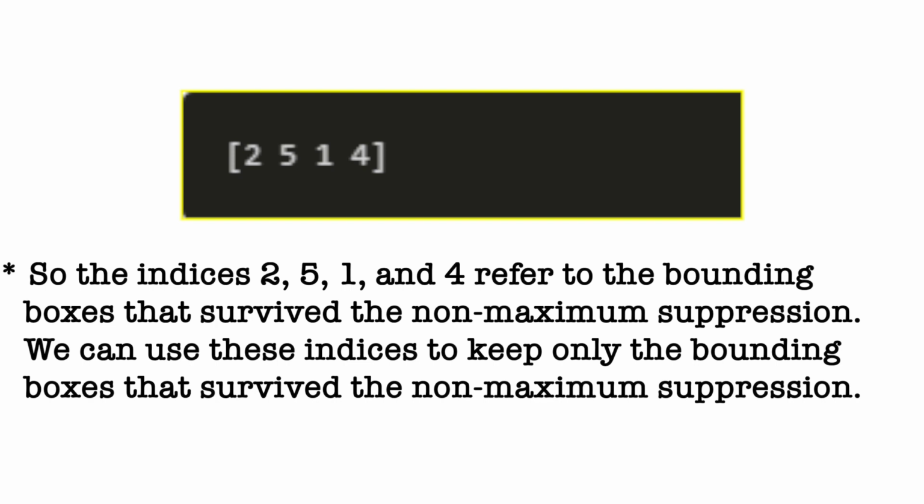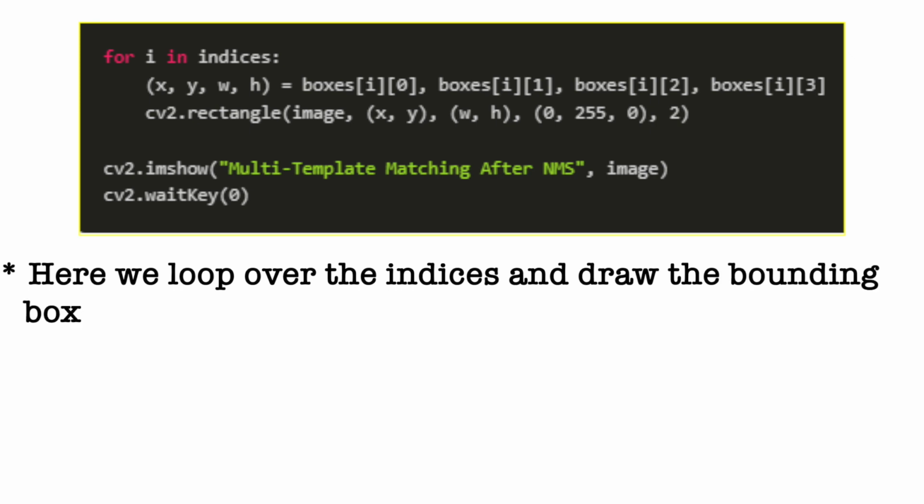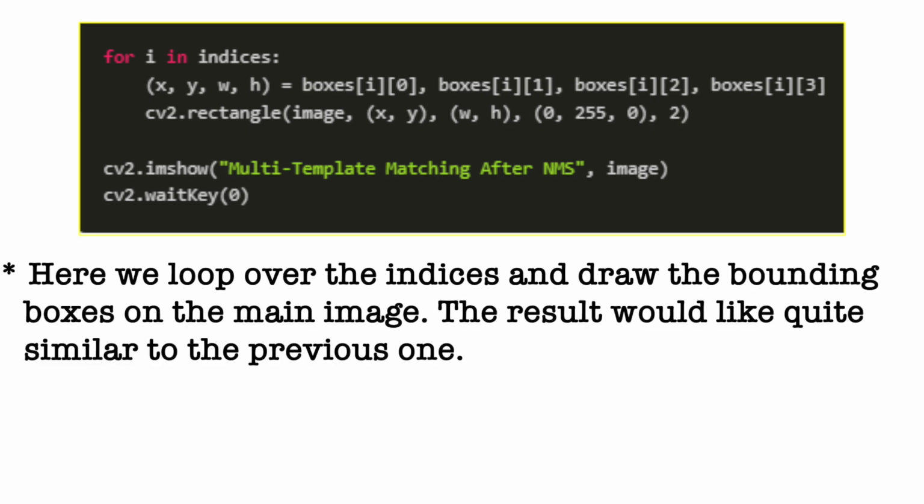So these are the bounding boxes that survived the non-maximum suppression, and we can use these indices to keep only the bounding boxes that survived. In the code, we loop over the indices and draw the bounding boxes on the main image. The result looks quite similar to the previous one.